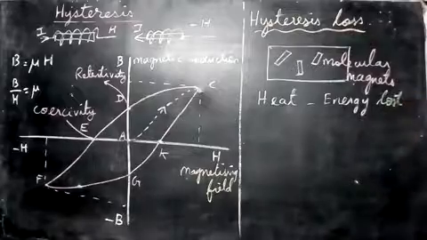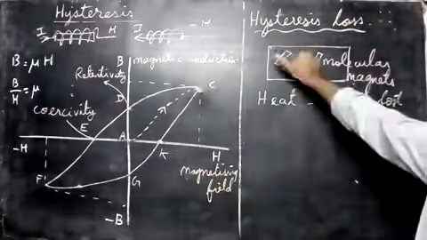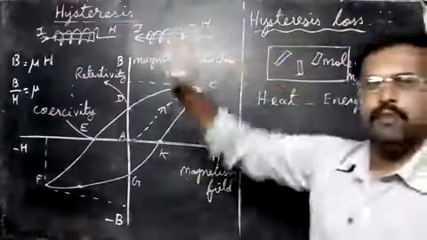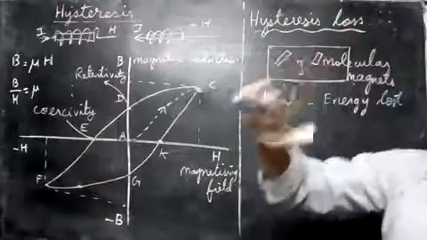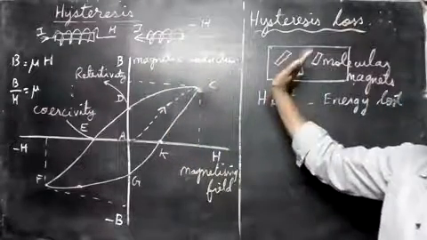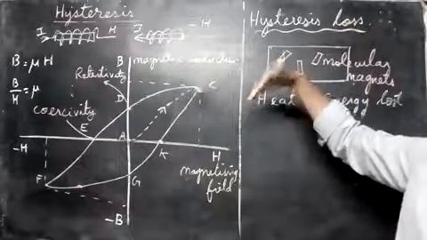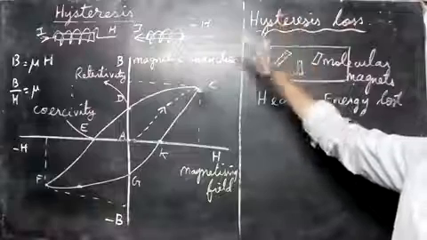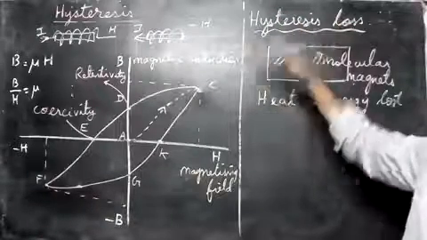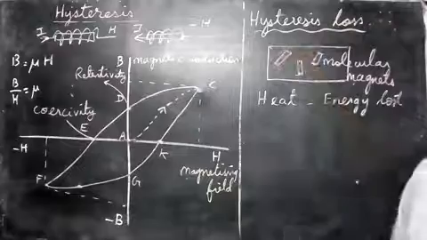Why does it happen? Inside the iron we have molecular magnets, the domains we learned about. These domains are aligned one way, and they flip when you change the direction of the magnetizing field. When they flip, it causes heat.